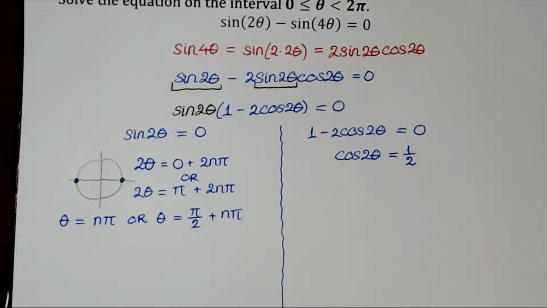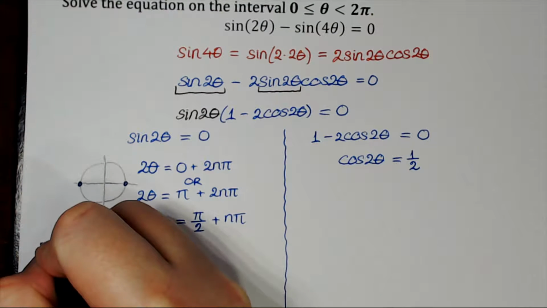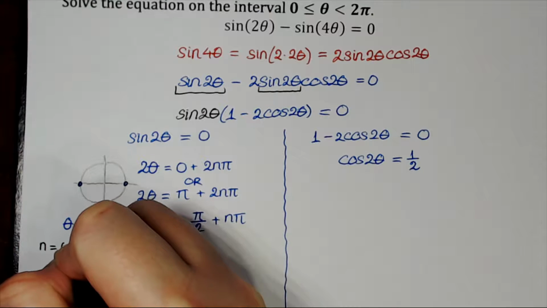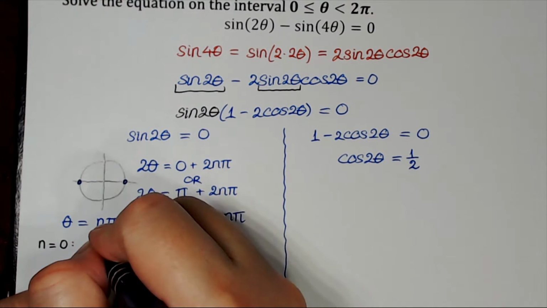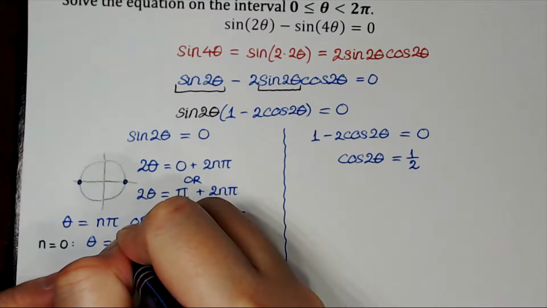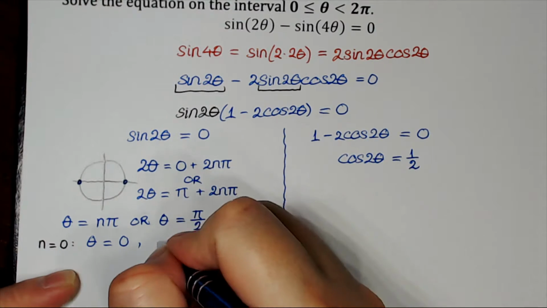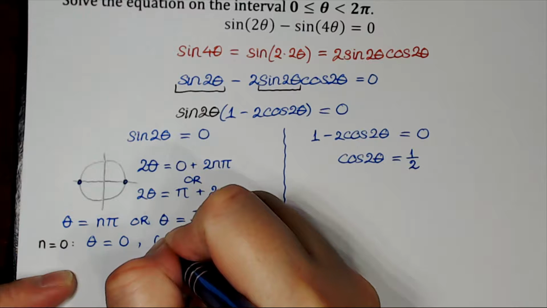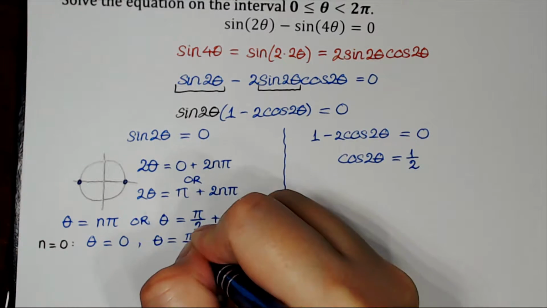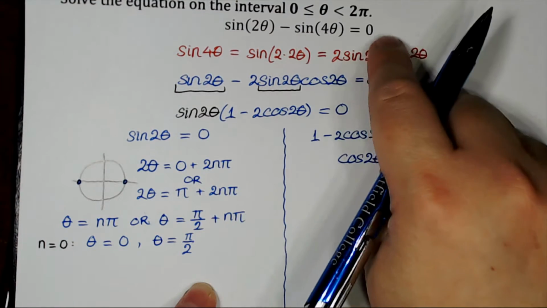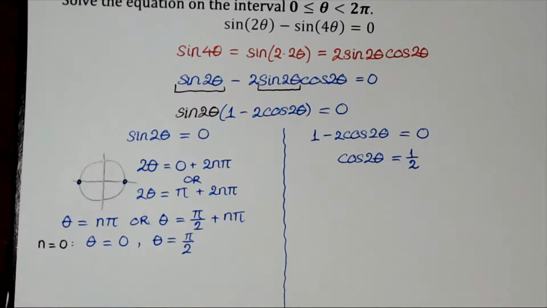Right. Now we choose some values for n. If we let n equal to 0, theta will be equal to 0, the first one. Theta here will equal pi over 2. Both of them are between 0 and 2 pi, so it is good.